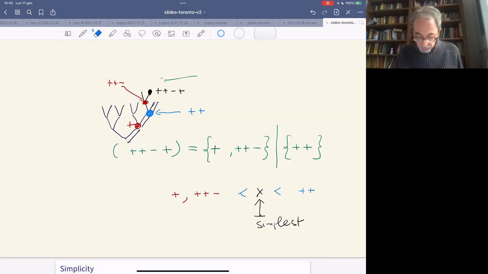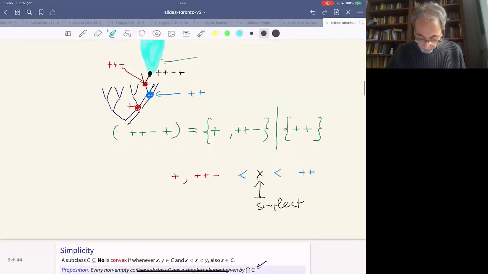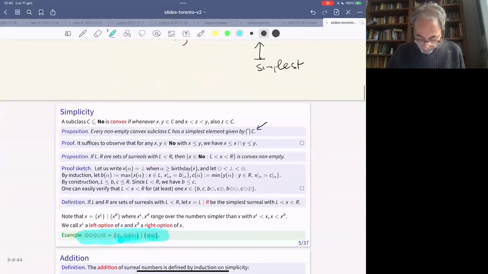So it works, and it's the simplest one. There are many others which are in between, but they are all above. All the descendants of this black one will also be in between, but they are more complicated.